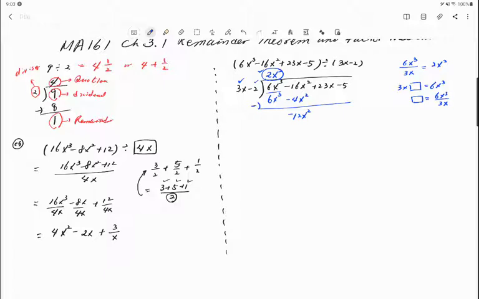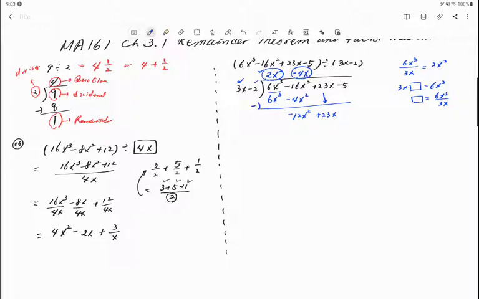And then since the divisor has two terms, you can bring one term down. Or you can bring all the other terms down. Still okay, but we don't need the others. We need two terms only because the divisor has two terms. And then we do the same thing. So 3x times something, I don't know what this something is, should be equal to negative 12x squared. So what should we multiply? Negative 4x.